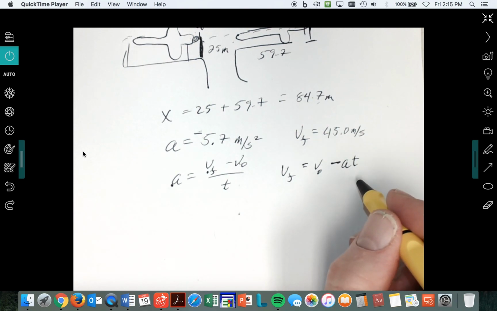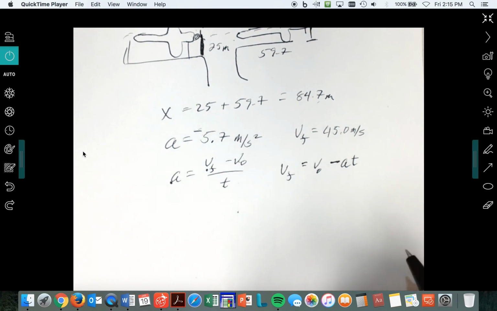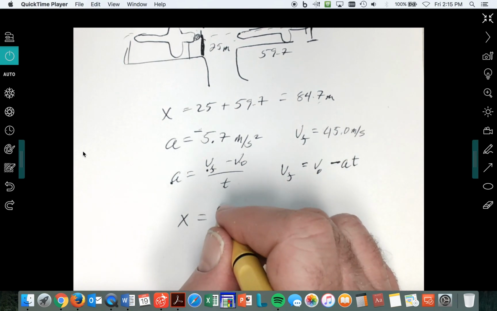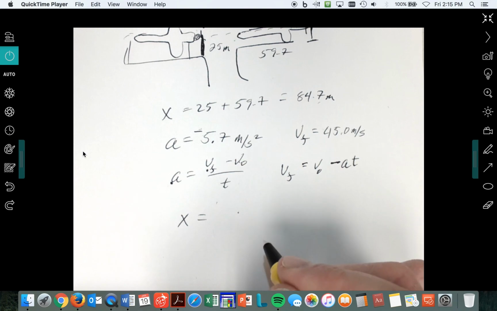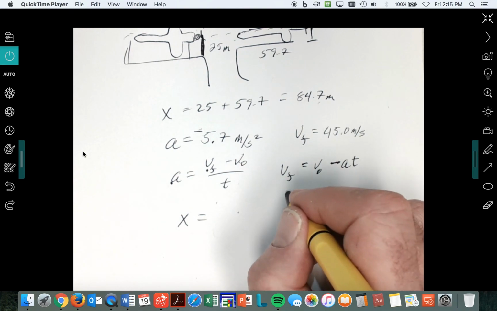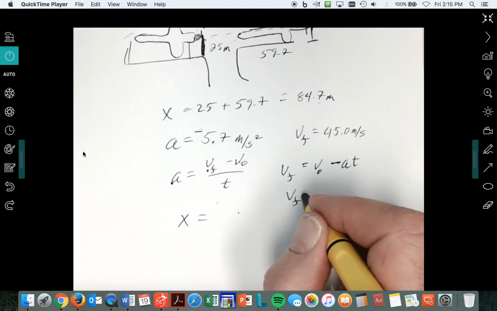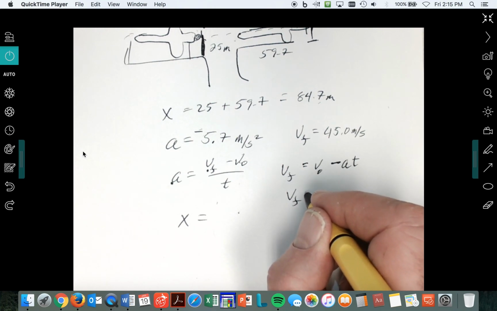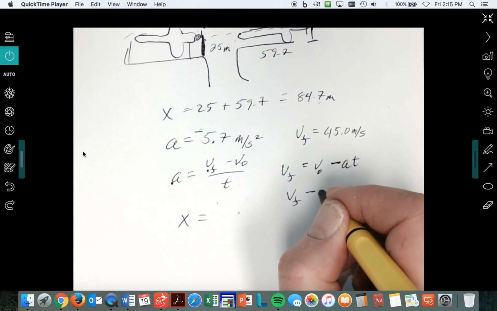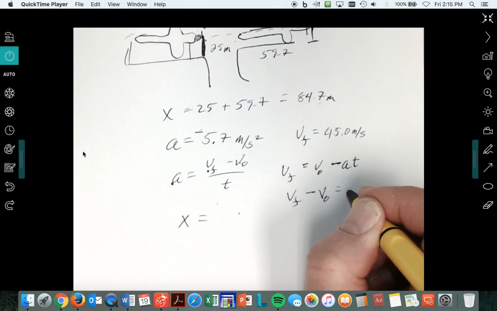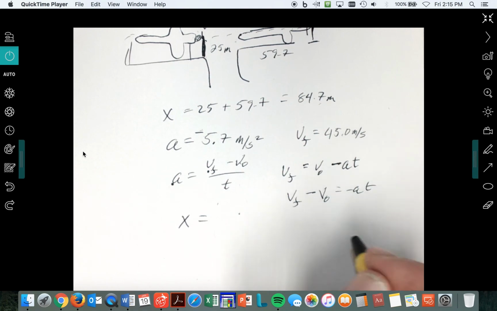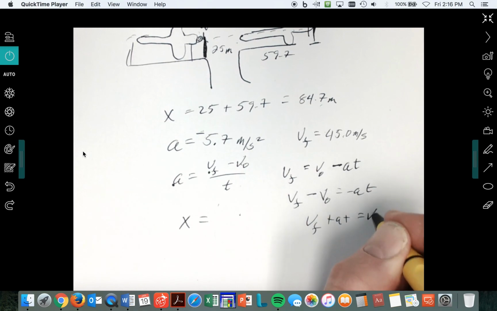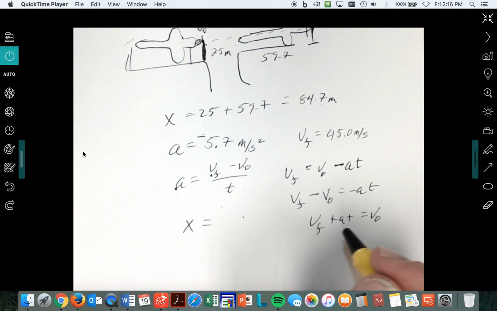I could use this, and I could say, well, I know that x, I'm still sticking with this, I know that x is equal to v naught, or v final minus v naught is equal to minus AT. So I know that, well, v final plus AT is equal to v naught. So I can stick that in here for getting the average.